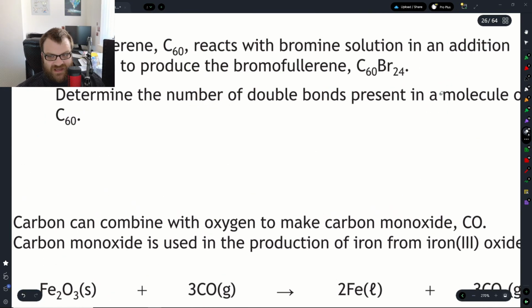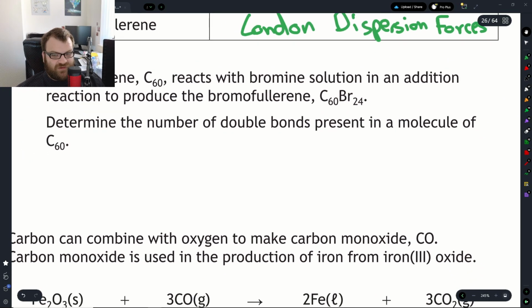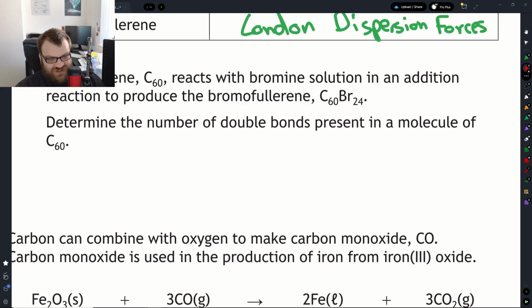On to the next one. We are told that fullerene can react with bromine solution to make a bromofullerene, and we're asked to determine the number of double bonds present in a molecule of that chemical. We're going to have addition reactions happening.